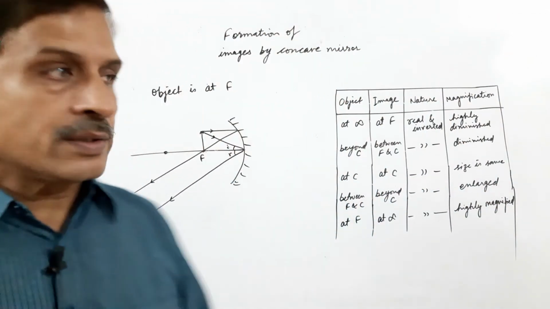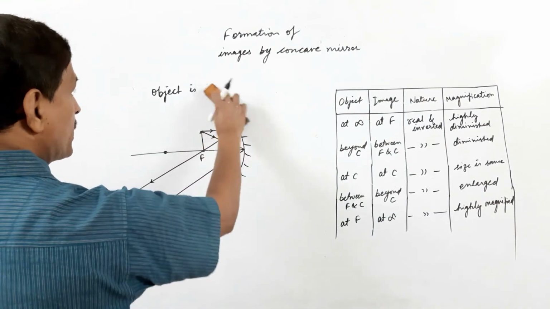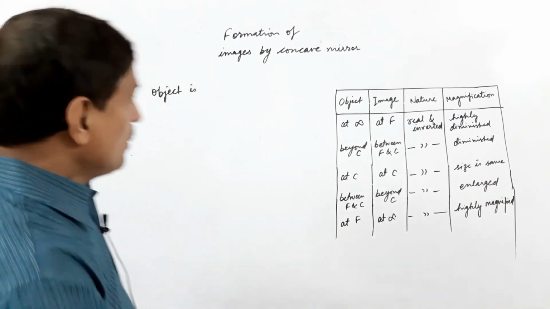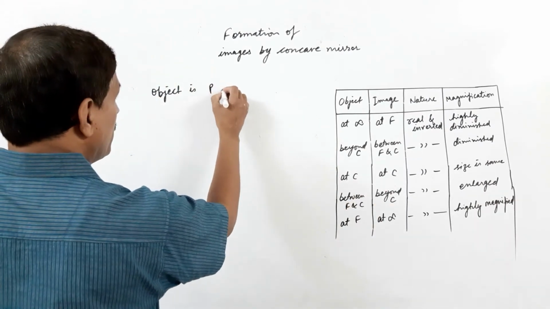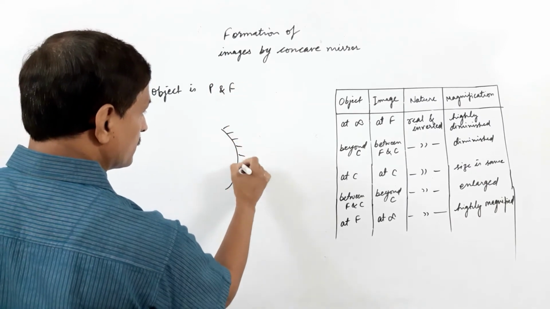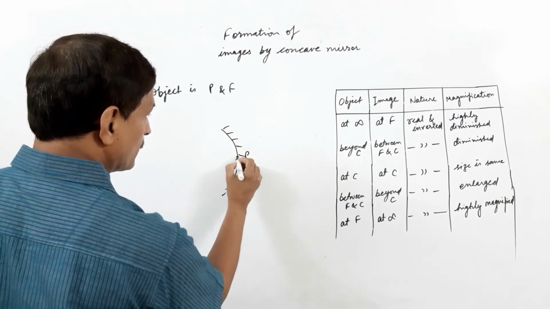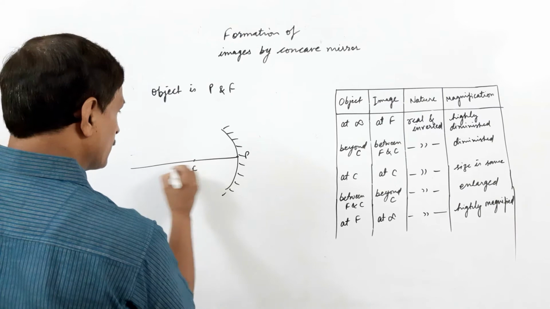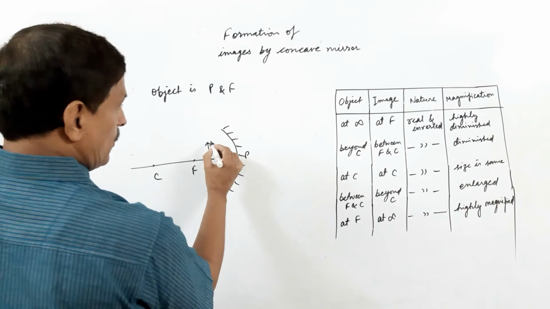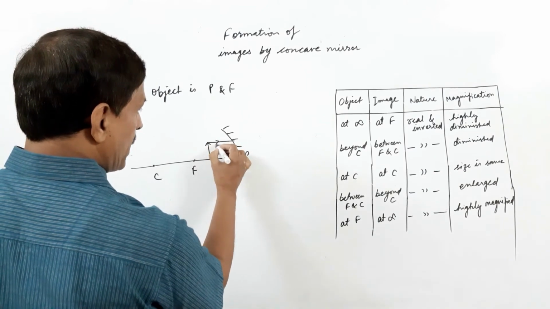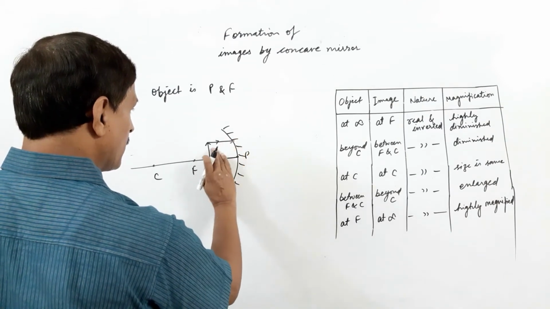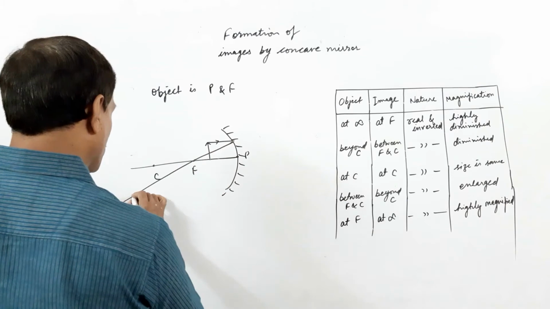Now the last case, if the object is placed within the focal length of the concave mirror, that is between P and F. First ray parallel to the principal axis, after reflection passes through the focus.